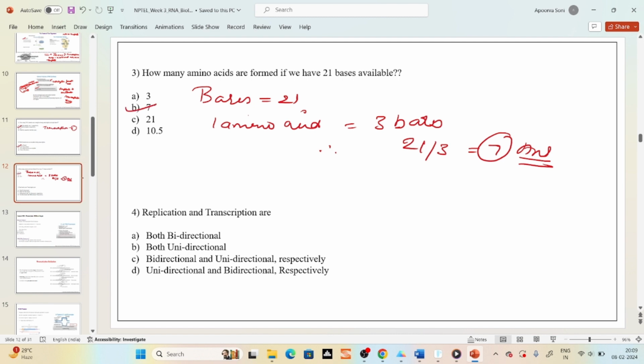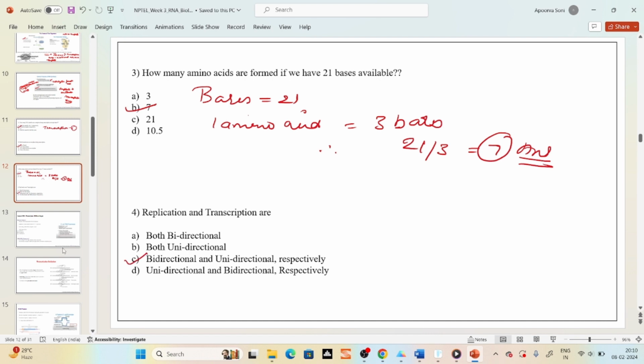Next question is, replication and transcription are both bidirectional, both unidirectional, bidirectional and unidirectional respectively, or unidirectional and bidirectional respectively. What is the answer? Replication and transcription are what? So the answer is, replication is bidirectional and transcription is unidirectional.